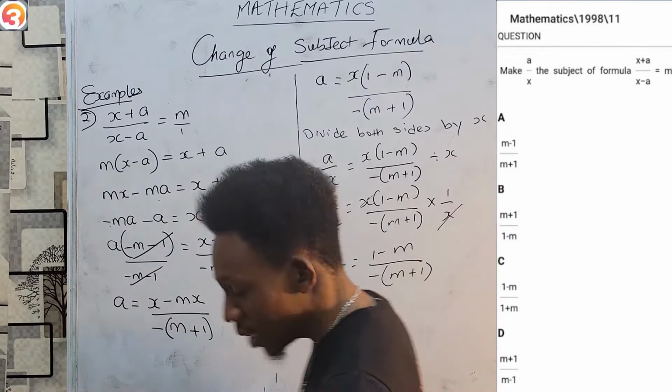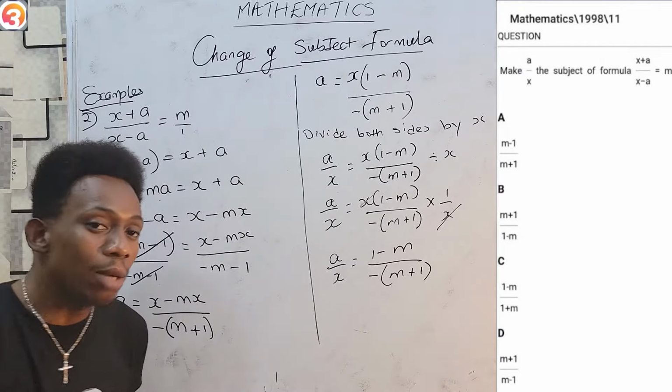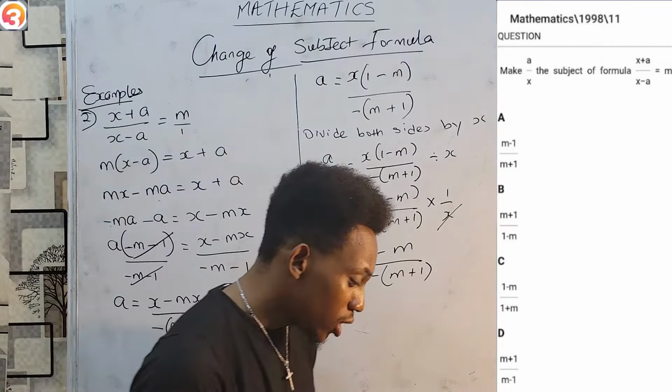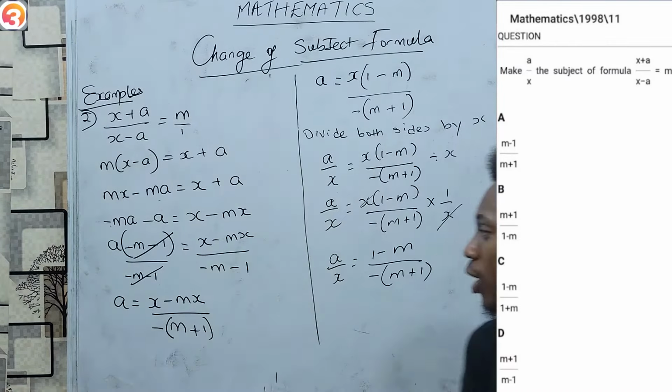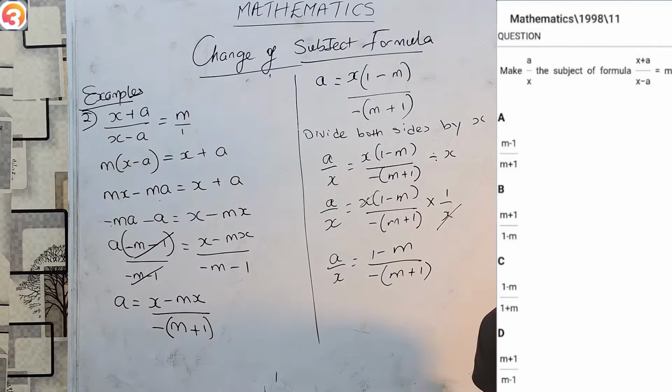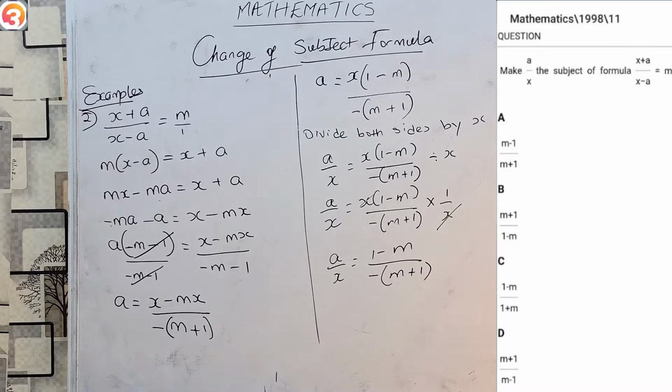Now, here's where maths gets interesting. Anytime you have a question to simplify, at times you simplify and you do not see your answer in the options. What must have happened? It's quite simple, really. Instead of arranging mine like theirs is, we're having different types of arrangements. If you look at their options, no single one has minus outside the bracket.